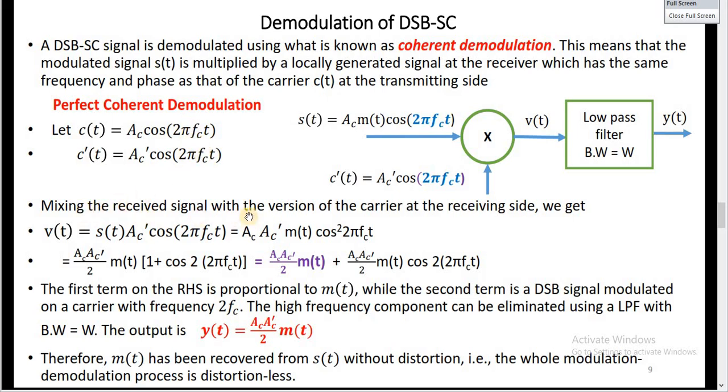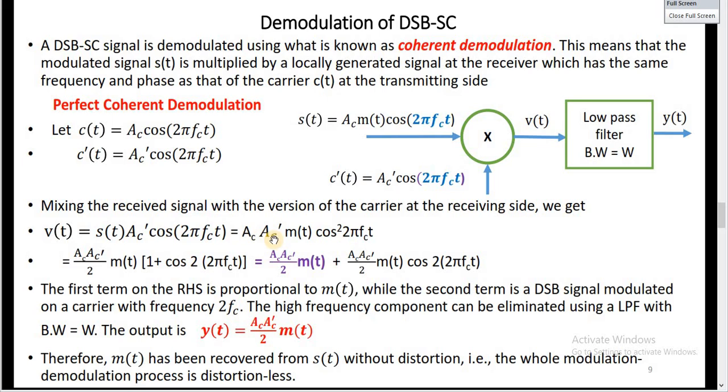Now mixing the received signal with the version of the carrier at the receiver side, we have V of t equal S of t times C prime of t, S of t times AC prime cosine 2 pi FCT, equal AC prime M of t times cosine square 2 pi FCT. And we can again make use of the trigonometric identity: cosine square theta equals 1 plus cosine 2 theta, divided by 2.